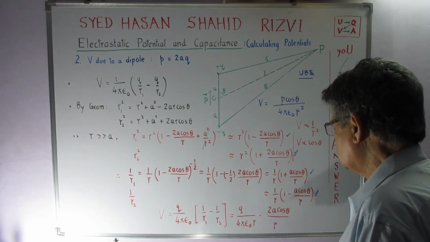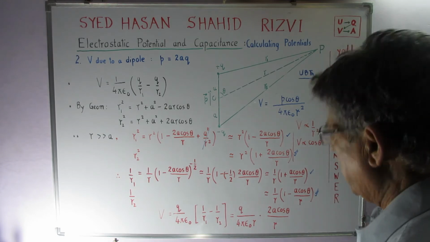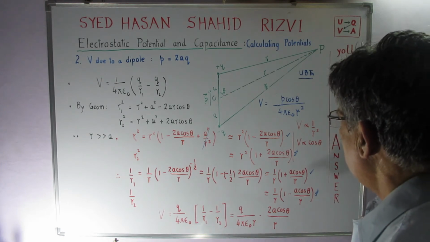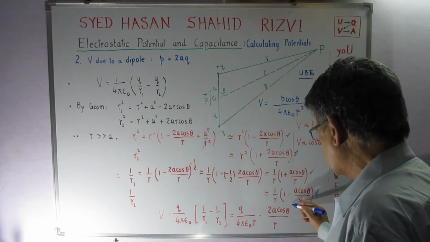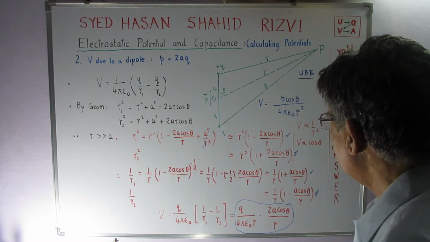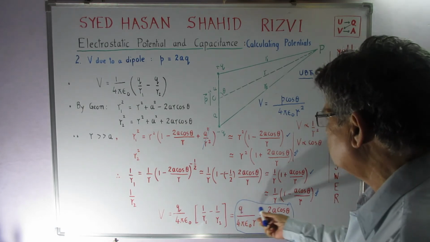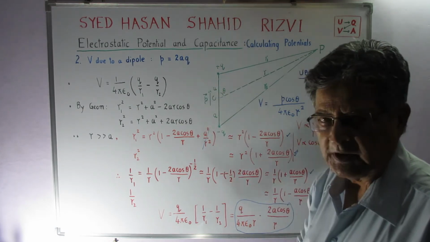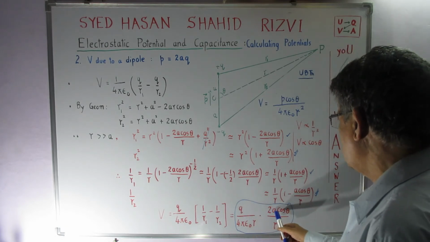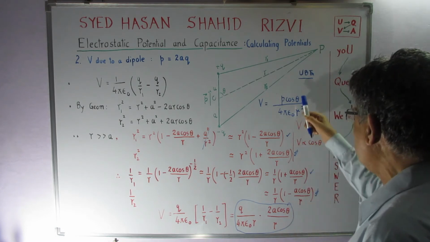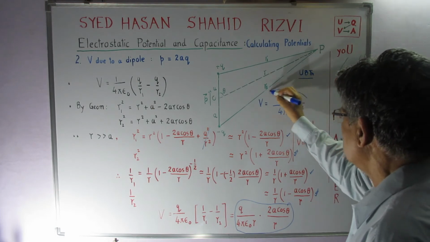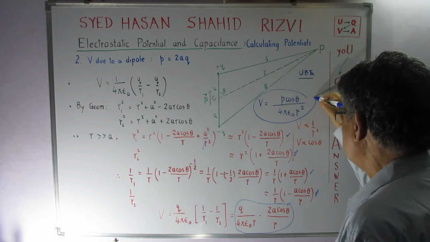So this becomes 2a cos theta upon r, into q upon 4 pi epsilon naught r. Now q into 2a has been taken as p, the magnitude of the dipole moment vector. So q into 2a becomes p, then cos theta divided by 4 pi epsilon naught r into r, which is r squared. This is the value which we will obtain.